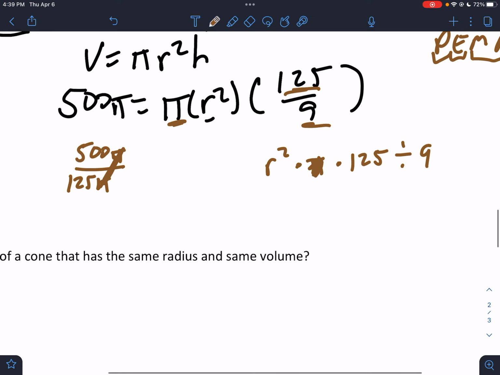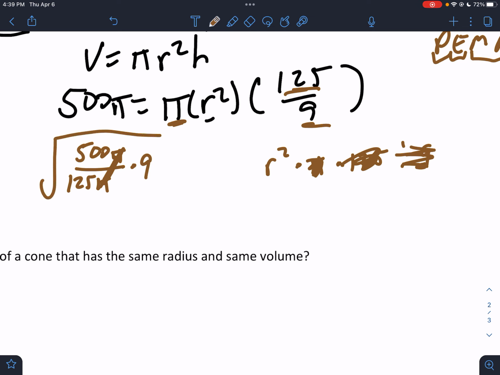I divide by 125. How do I get rid of divided by 9? I do times 9. And then how do I get rid of the r squared? I do a square root. What if it was r cubed? Then I would do a cube root. If it was r to the fourth, I would do a fourth root, but it's r squared, so I'm doing a square root. And so this is going to be the square root of 36, which is 6. That's my radius.